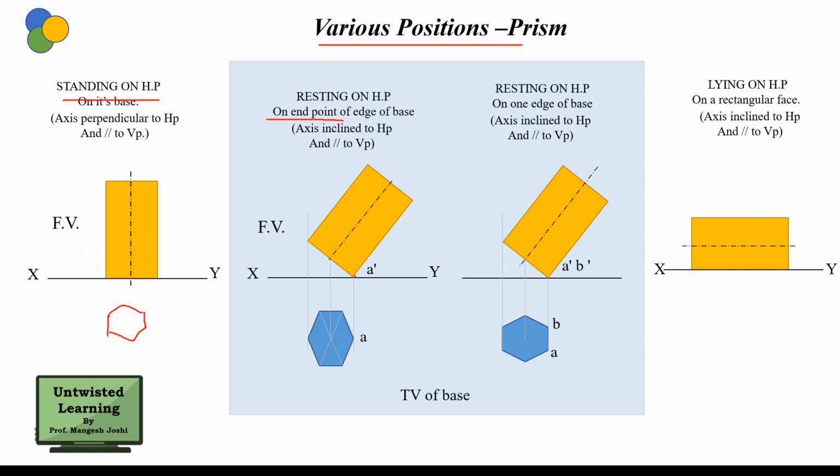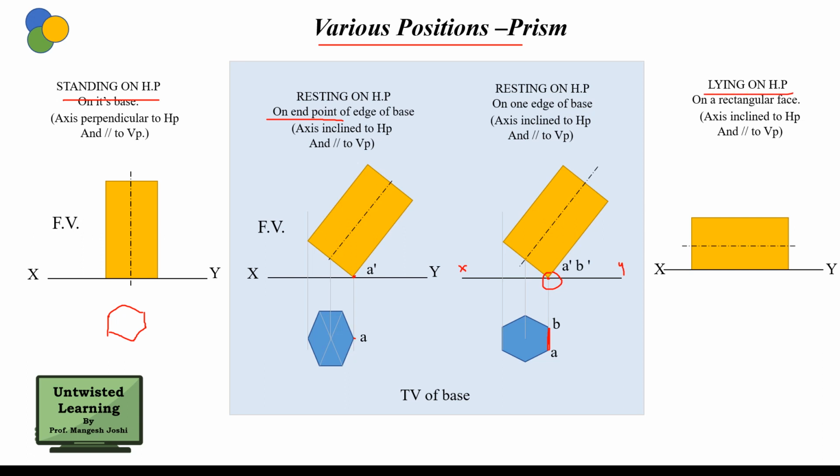So again, this is one point. If a prism is resting on HP on edge of base, since it is mentioned that it is an edge, you must have 2 points on XY, right? So that's why this one side will be vertical, so that you will get 2 points in the front view.